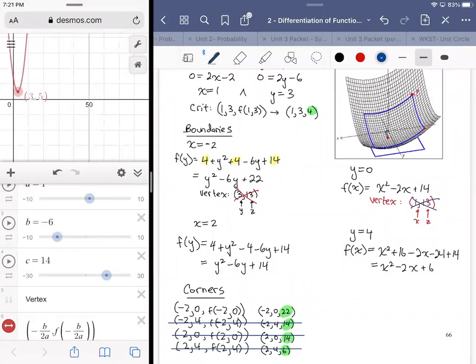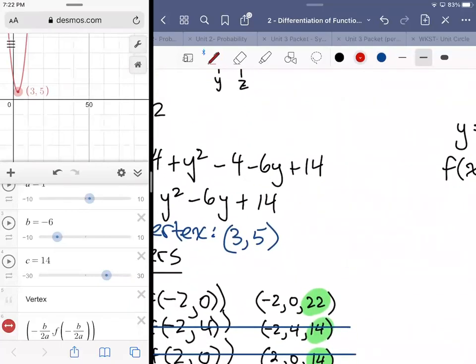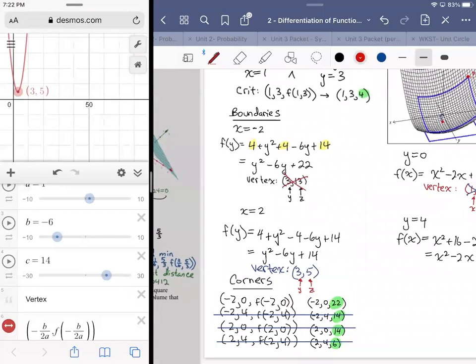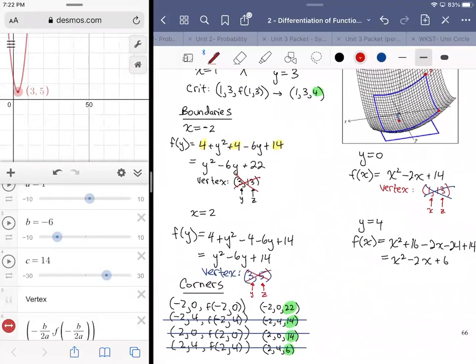Went the wrong way first. 3, 5: I have a smaller value, a 4, because again this is the Y value against the Z value. The smaller Z value is 4, so this is out.